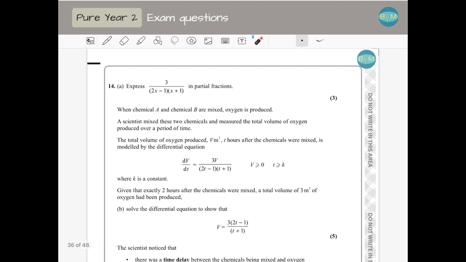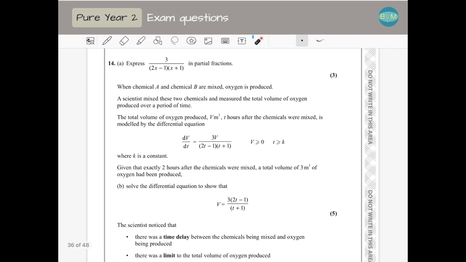Then the question starts to be a bit wordy, so you can get lost with all the words around, or the meaning of the question. When chemical A and chemical B are mixed, oxygen is produced. A scientist mixes these two chemicals and measures the total volume of oxygen produced over a period of time.